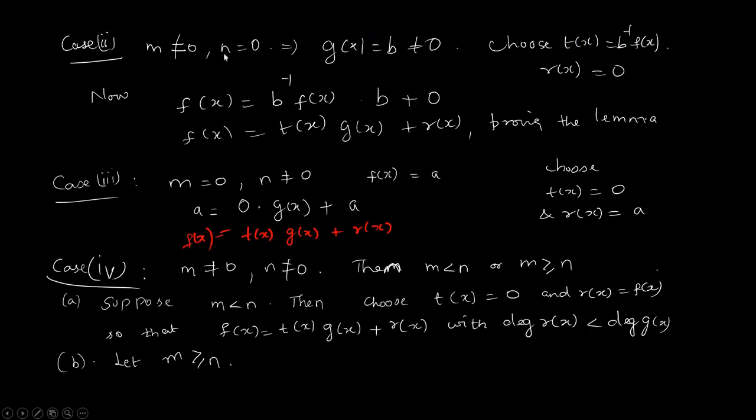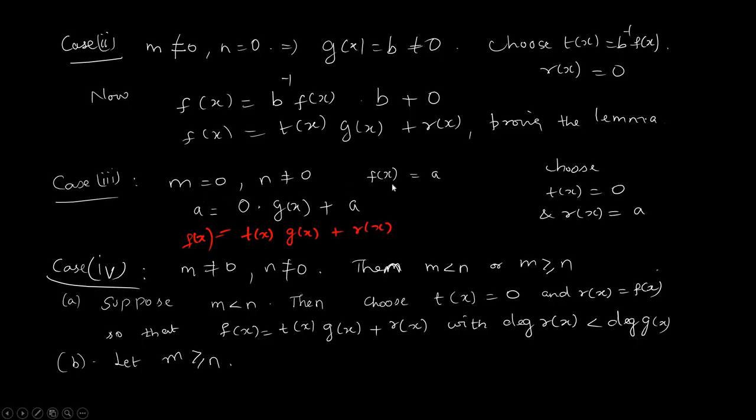Case 2: m non-zero, n is 0. So n is 0 means the degree of g of x is 0, meaning g of x is a constant. g of x is non-zero, so b is not equal to 0, so b inverse exists. Rewriting f of x as f of x into b inverse b, and choosing this as t of x and this as r of x, even in this case the lemma is true.